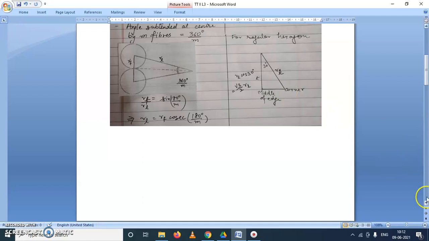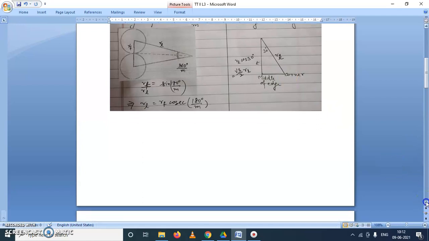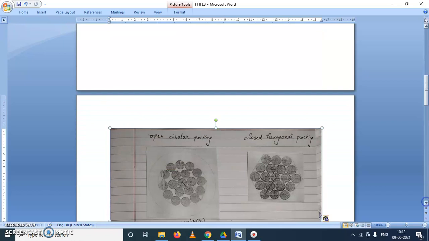Here you can see the radius at the middle of edge of layer as well as yarn, and radius at the corner. Radius at the corner will always be higher as compared to radius at the middle of edge. Now radius at the middle of edge will always be √3/2 times that of radius at the corner.